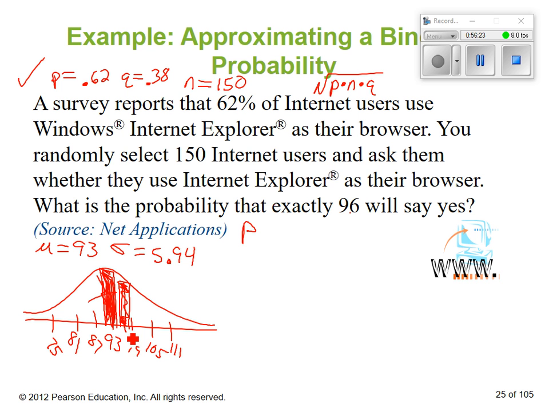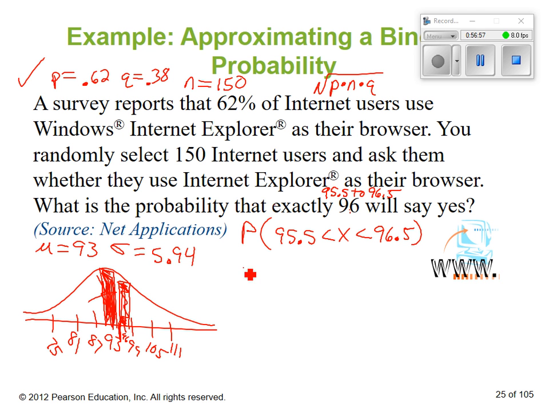Now, at 96, are we just going to put in 96? No. If we're at 96, what's our low limit going to be? 95.5. All right, so we want the probability that X falls between 95.5 and 96.5.